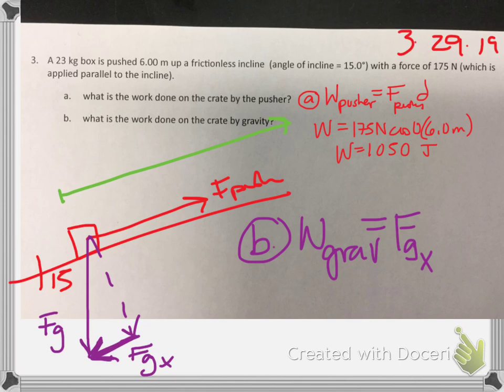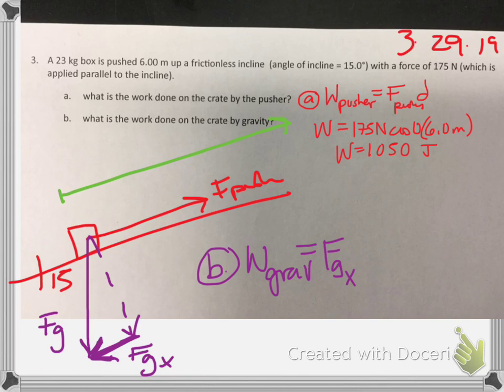Now, here's where the cosine theta comes in. What's the angle between the force of gravity and the motion of the object? They're opposites. 180. It's 180 degrees. So times cosine, well, we'll say cosine theta here, times the distance.